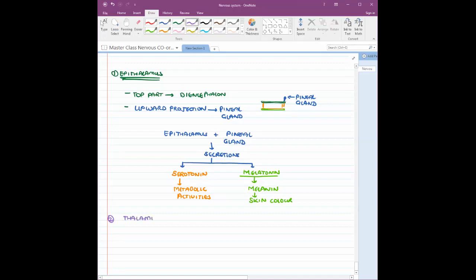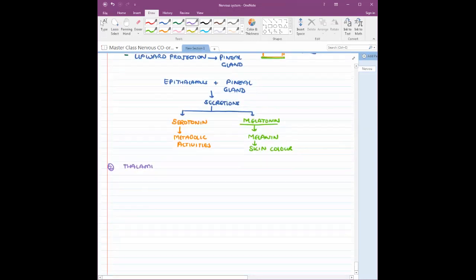Thalami meaning thalamus. There are two thalamus basically, so that is why thalami. I will just say that these thalami are nothing but two lateral walls, and these two lateral walls connect the epithalamus and the hypothalamus.